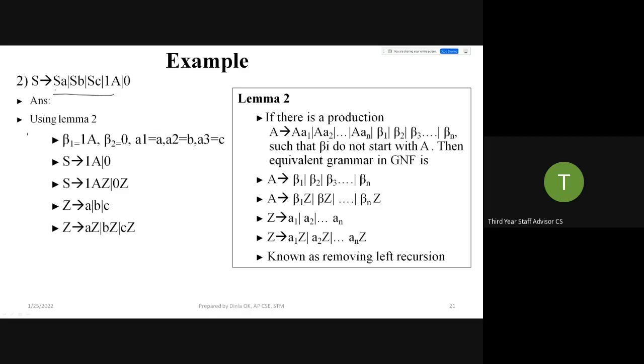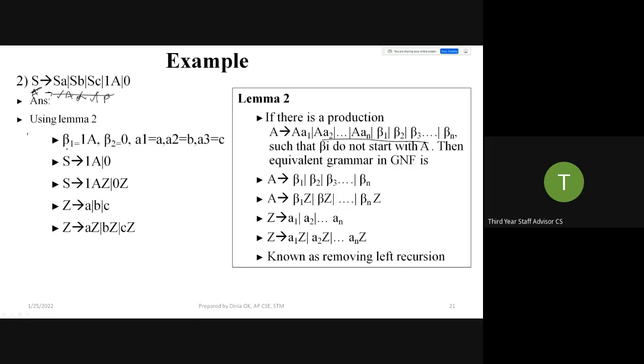S implies SA, SB, SC. We can say that this is of the form A implies A alpha or beta, or A1, A2, etc. AN, B1, B2, B3 etc. The terms beginning with S are of the A alpha form, because S is on the left hand side. So we can say there is left recursion.